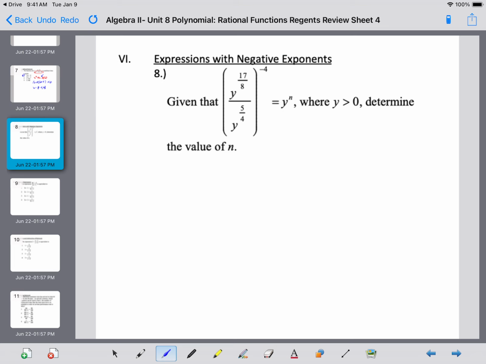Okay. Now we have an expression with negative exponents. First operation I see is division, and you have a common base, so you use your quotient law. You would subtract exponents. So 17 over 8 minus 5 over 4.